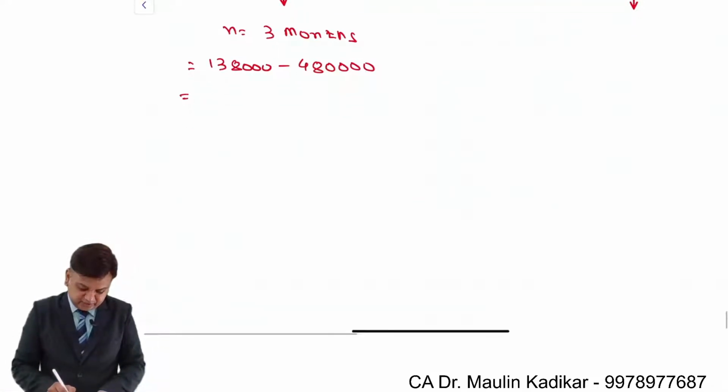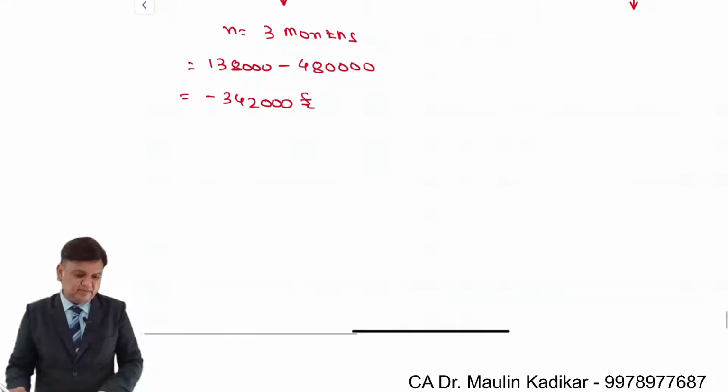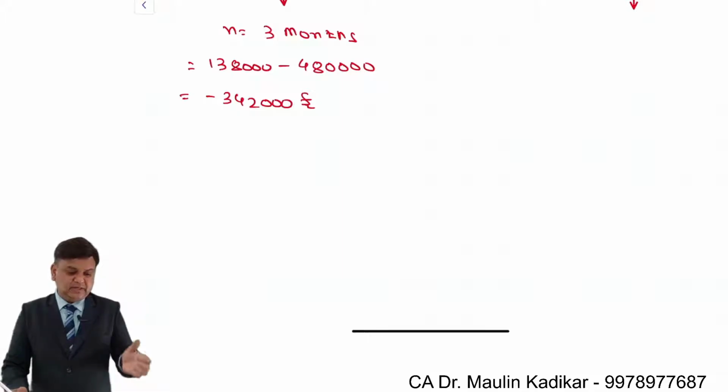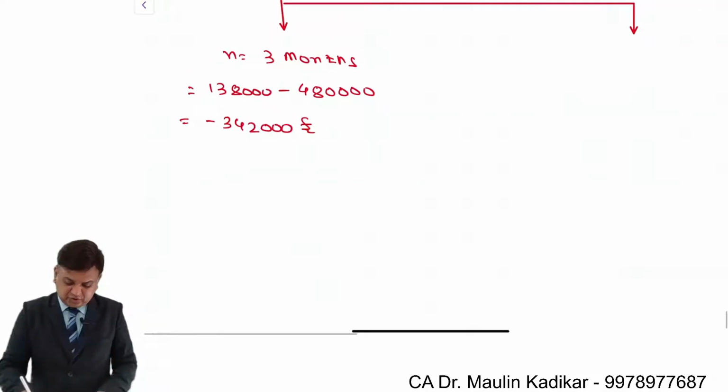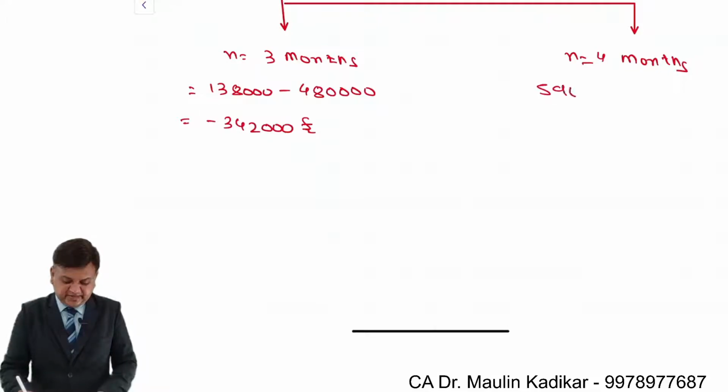So we have to pay 3,42,000 pounds in 3 months. Then the French customer has been invoiced for 5,90,000 euro, payable in 4 months. So I'm writing N equal to 4 months, and the consideration is 5,90,000 euro.